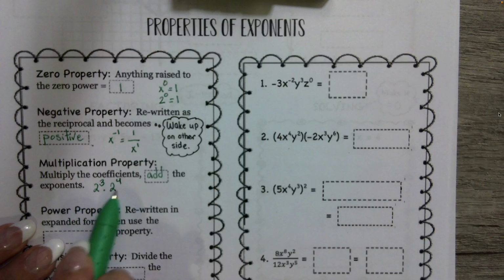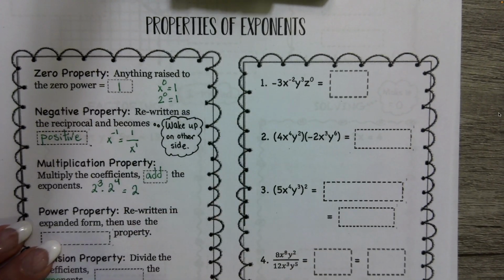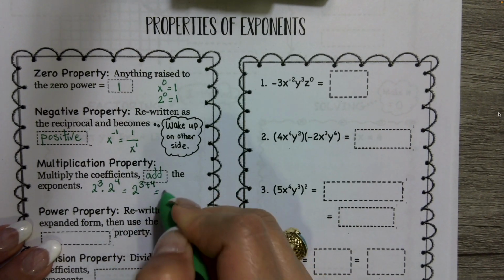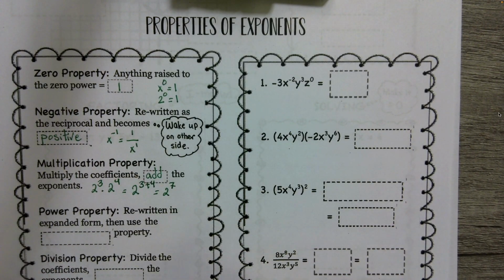When I have these two multiplied to each other, I will write it down as 2 and then 3 plus 4, which is 2 to the power of 7. Power property: rewrite in expanded form, then use the multiplication property.